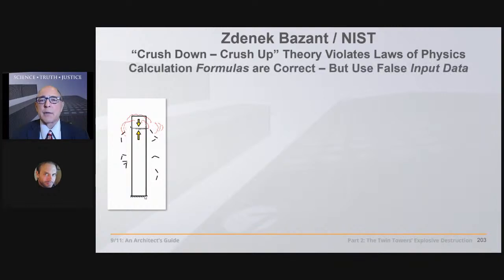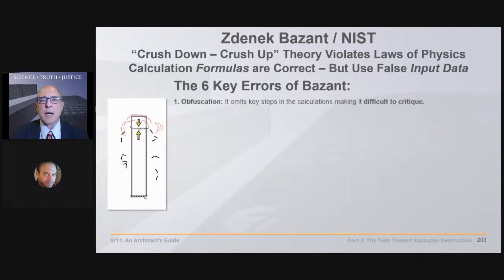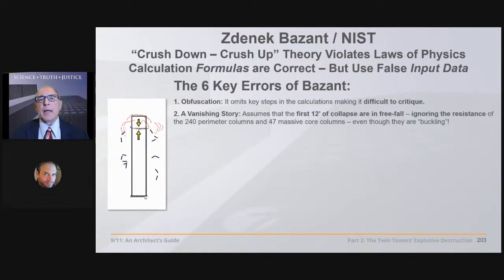The formulas are correct, but the input data is false. It's fraudulent. There are 6 key errors. Obfuscation is, I wouldn't say an error, but a strategy deployed here. But they completely eliminate an entire story of columns at the point of jet plane impacts so that they get a dynamic load, which could never have happened, falling freely for 12 feet.